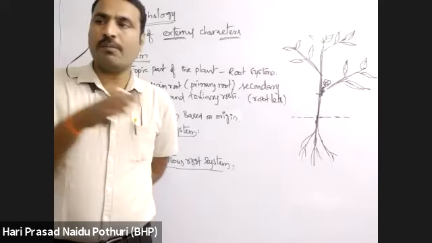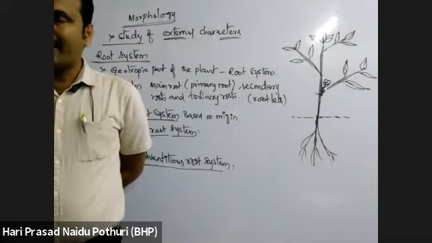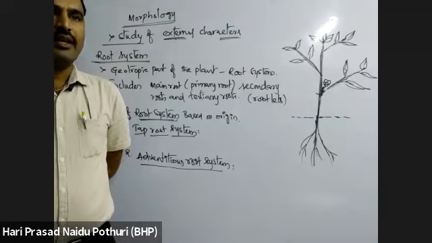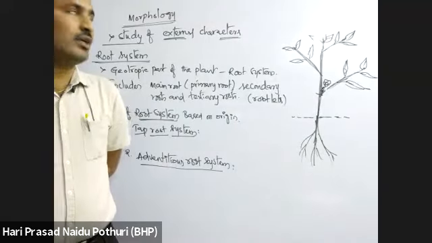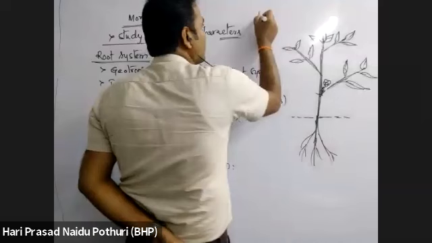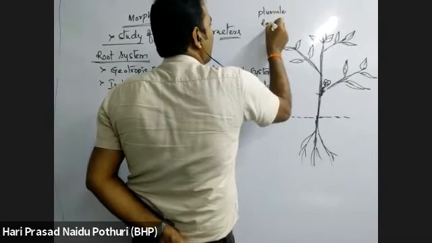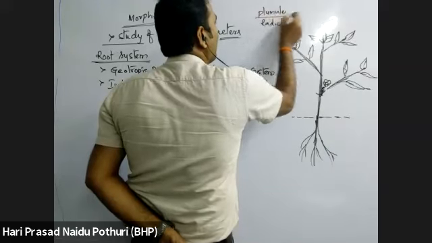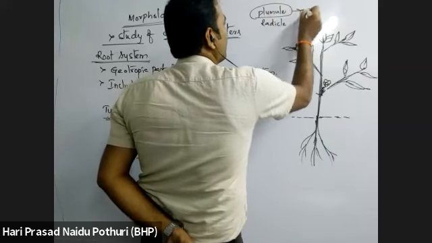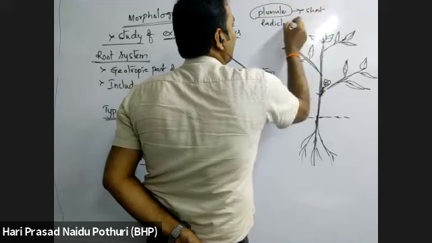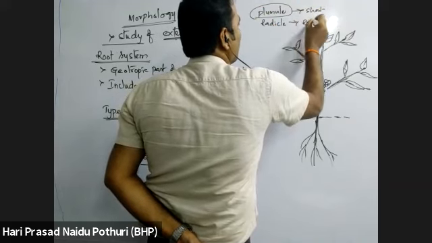If cotyledons are not separated, then it is called a monocot seed. In that seed, an embryo is there. That embryo has two parts. What are they? Plumule, and the second one is radicle. Plumule gives the shoot system, whereas radicle gives the root system.